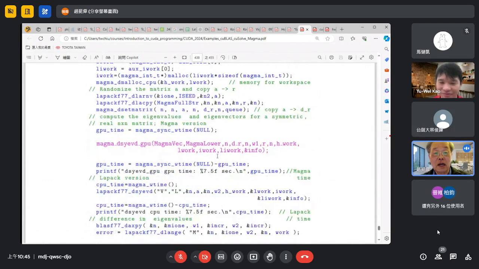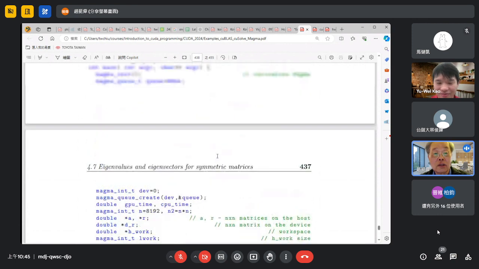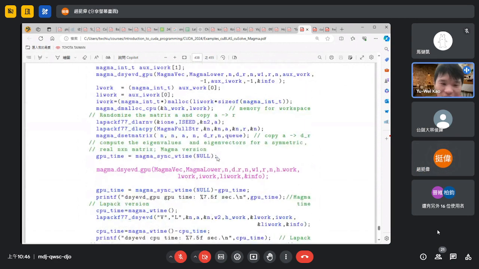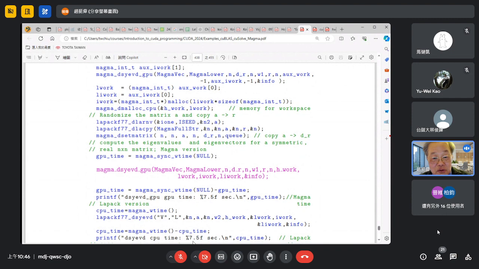But if you want to know the details, you still need to use the MAGMA handbook, the manual. I see. Some of its conventions are not intuitive, like LWORK, LIWORK, IWORK. Yeah. Thanks. Now let me go to the code itself.